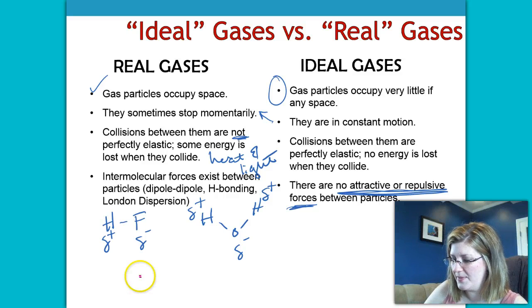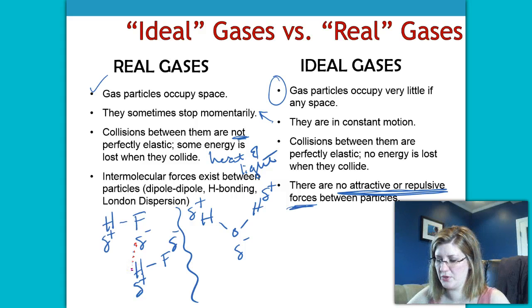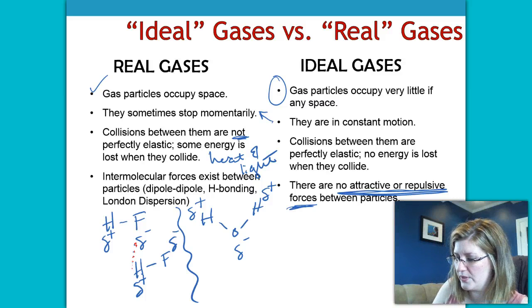And what we said happens is that these molecules will line up with each other, so we get another hydrogen from another HF molecule interacting in this way, where we have an interaction between the partial positive and the partial negative of two neighboring molecules. That's an interaction. We call those intermolecular forces.